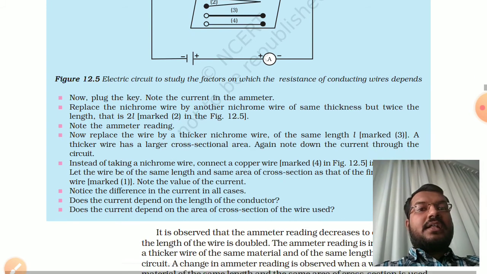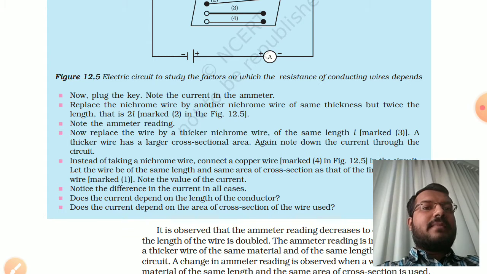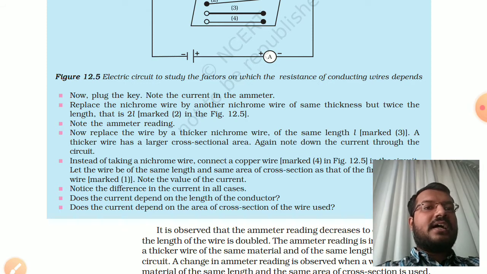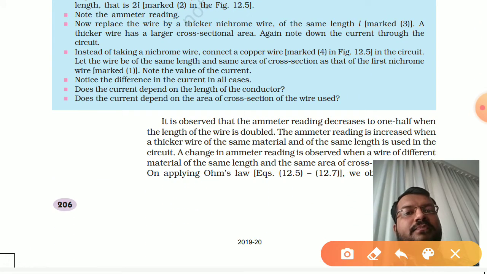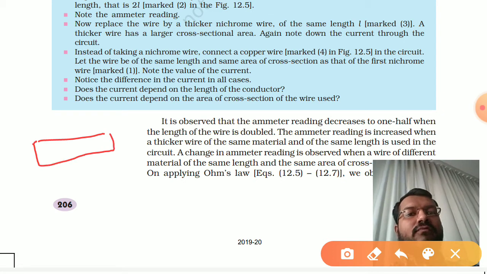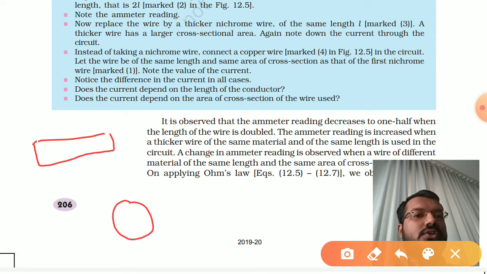Then replace the wire by a thicker nichrome wire of the same length L. A thicker wire has a larger cross sectional area. Again note down the current through the circuit. Cross sectional area means, for example, this is one wire, and its cross section is circular, so this is its radius, or you can take the diameter.